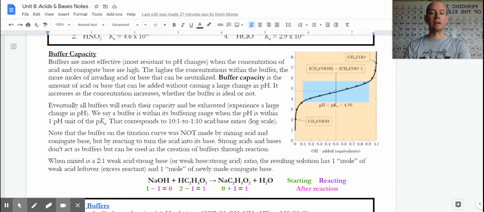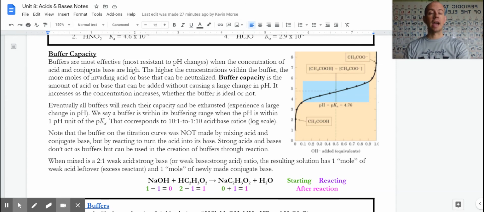So I've color-coded down here some numbers that correspond to the sentences that are described here. If I start with 1 mole of strong base, but 2 moles of weak acid and no products, what would happen here is I would continue to react until my limiting reactant was gone. The purple corresponds to how much goes away. So kind of a connection to an ICE table, but we're thinking about this in terms of stoichiometry.